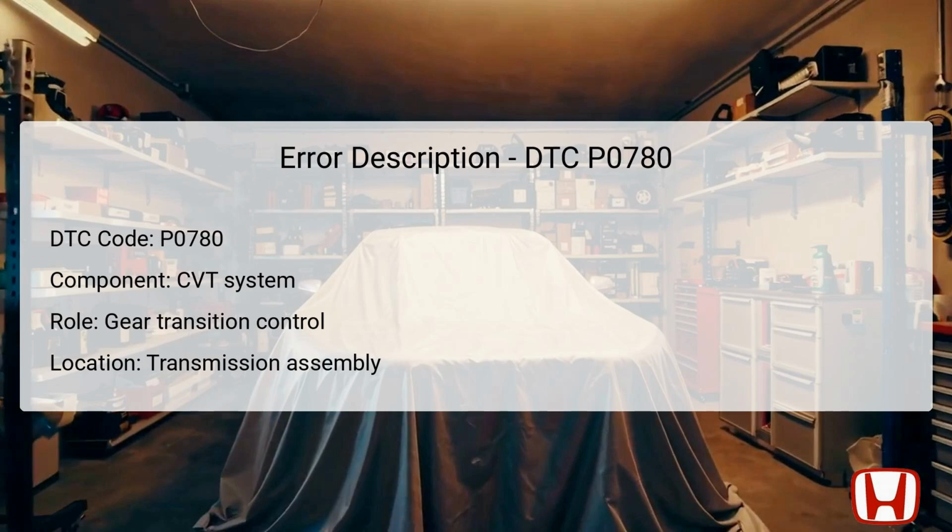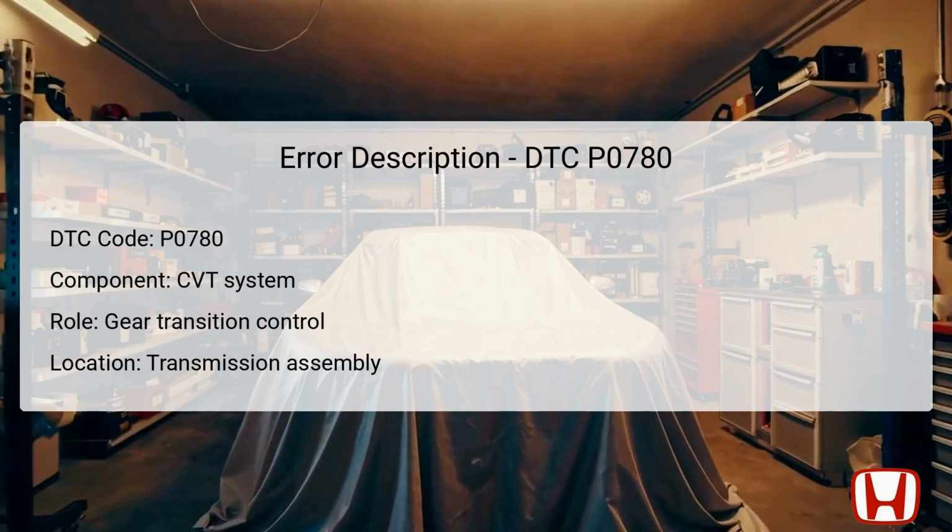The primary components involved include the drive pulley pressure control valve and the driven pulley pressure control valve, both crucial for regulating fluid pressure in the transmission. These valves control the engagement and disengagement of the pulley system, thus directly affecting gear shifts.